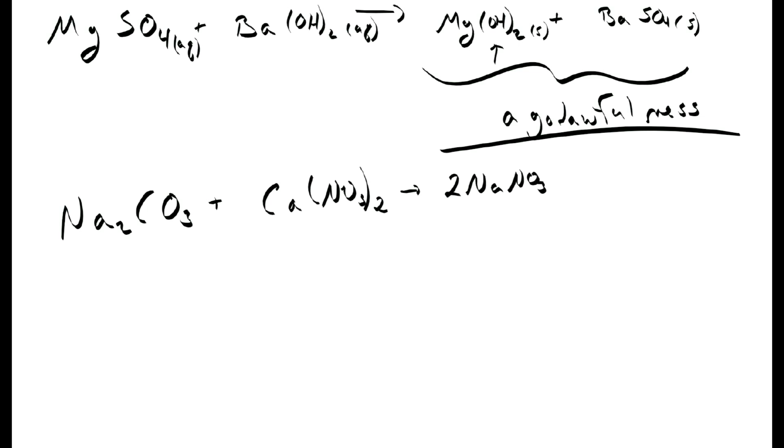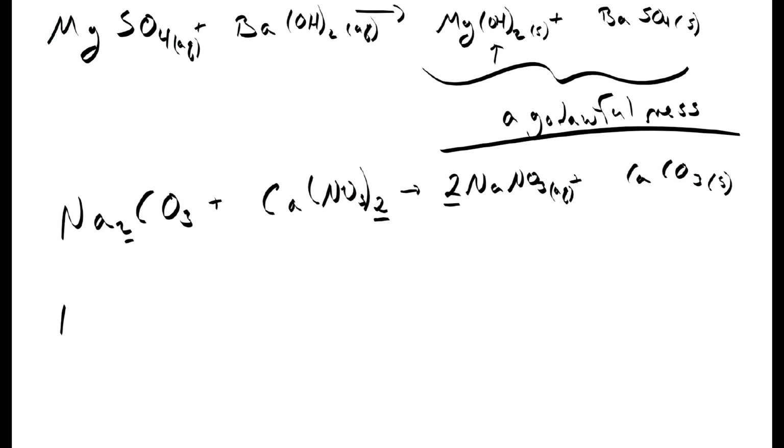Notice that you still have to balance these. Okay, so 2, 2, 2 plus calcium carbonate. Well, sodium and nitrate are always soluble, so aq. Carbonate is always insoluble, except with the always soluble. And calcium is not one of the always soluble, so you're going to get limestone falling out of solution.